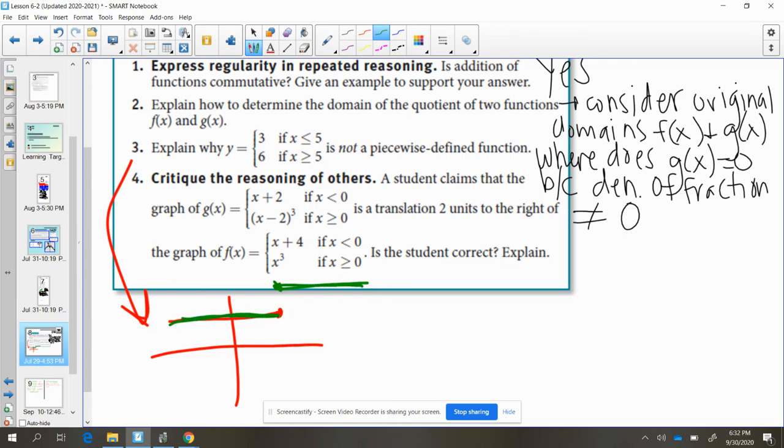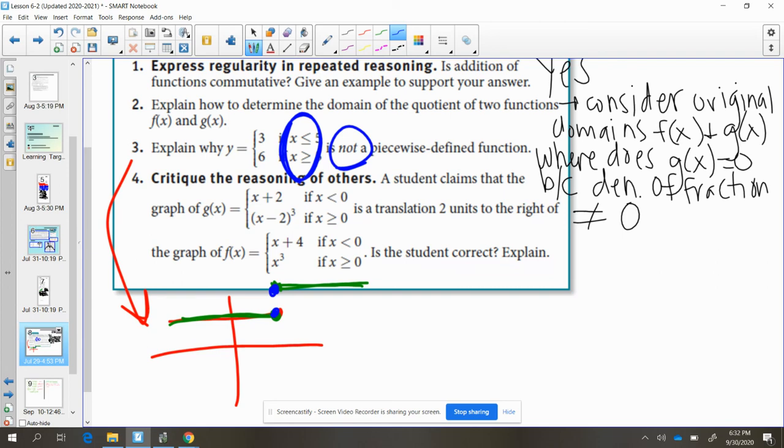They're like a step function. Here's one going through 3. Here's one going through 6. The problem is that they're both including 5. These are both closed circles. So that's why it's not a defined function, because there needs to be only one value. It's not passing that vertical line test we like to talk so much about.